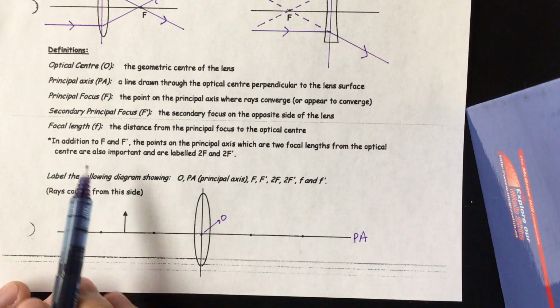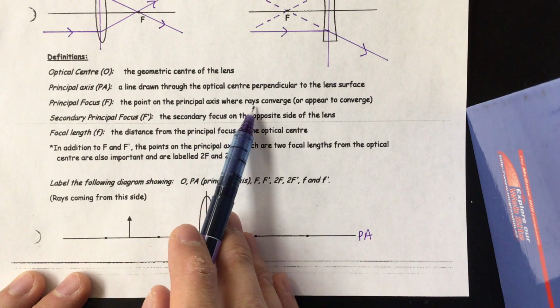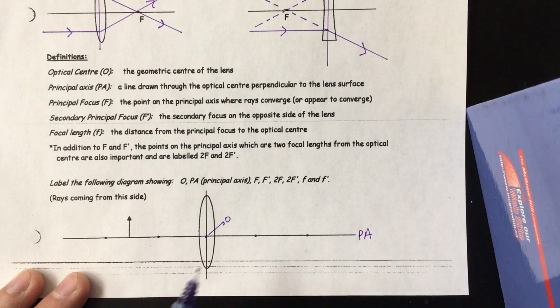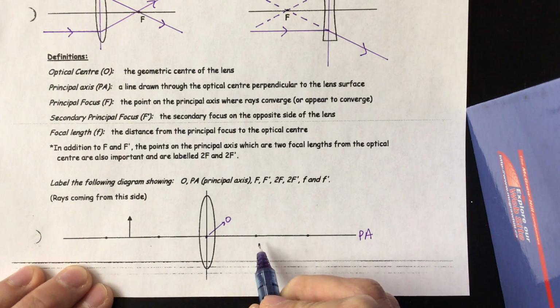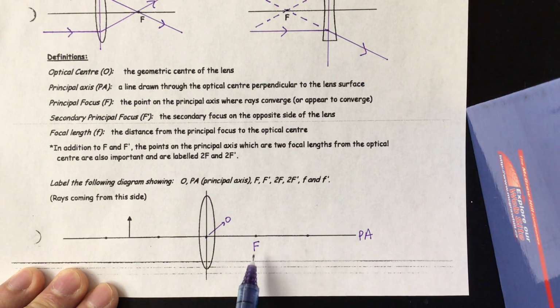Your principal focus is your focal point where the light rays converge. So if my object is here, this arrow, my light rays will converge here.